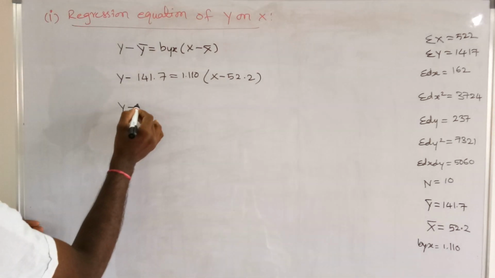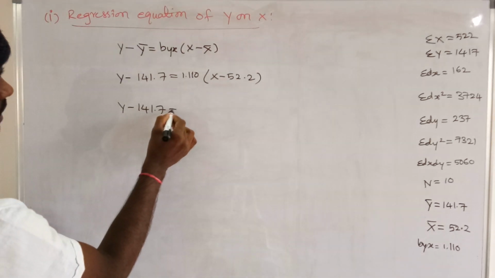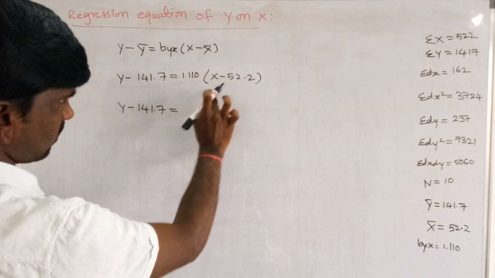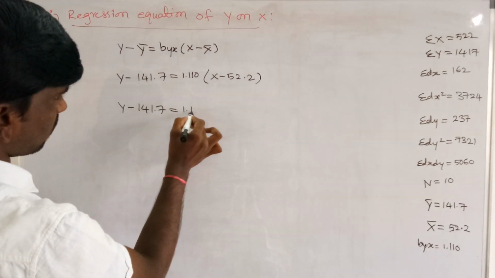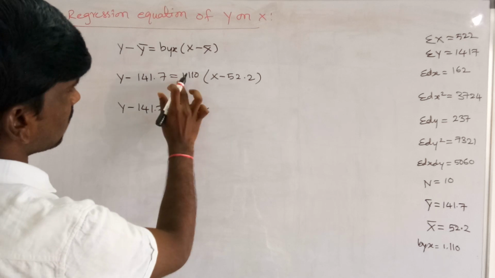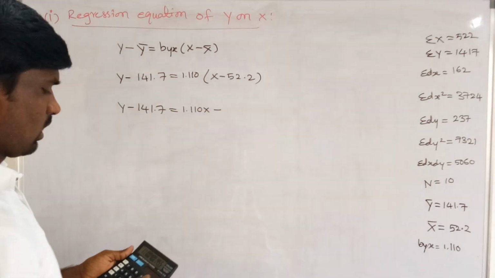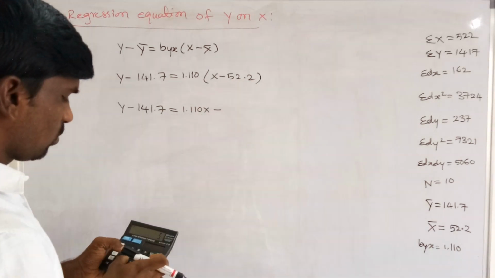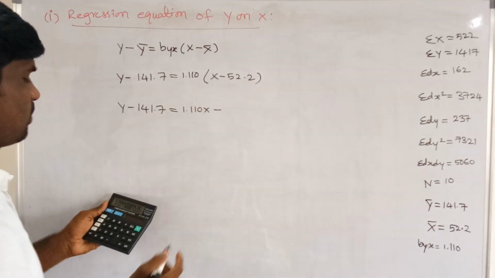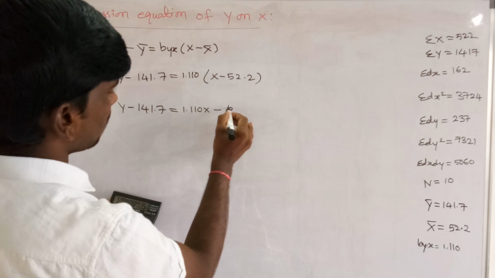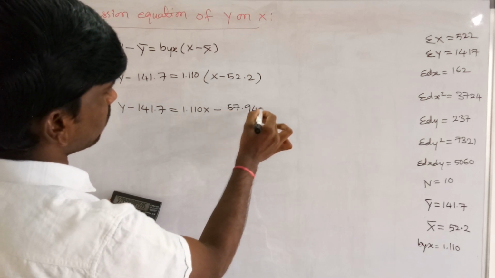So y minus 141.7 is equal to 1.110x minus 1.110 into 52.2, that is 57.944.